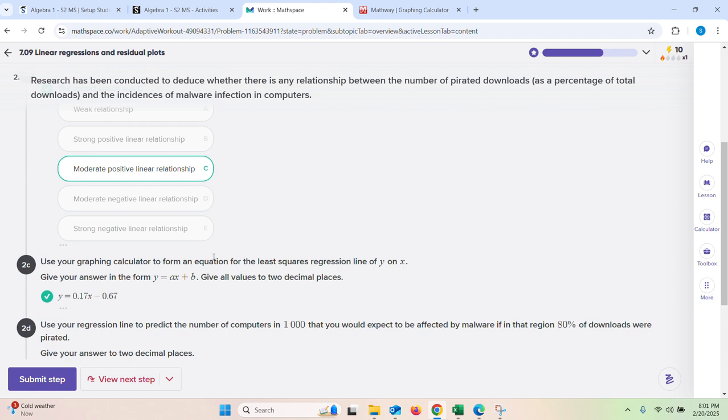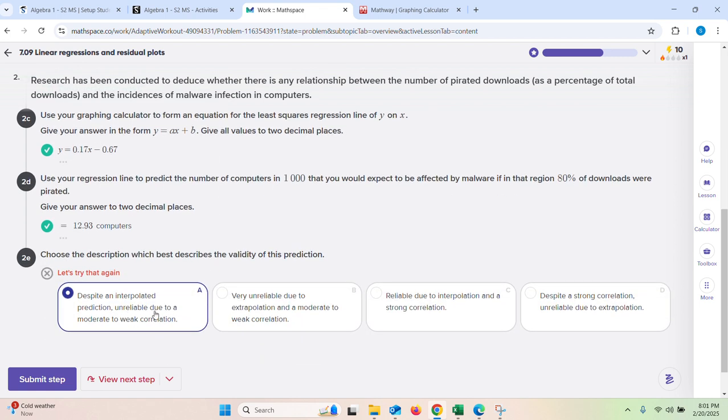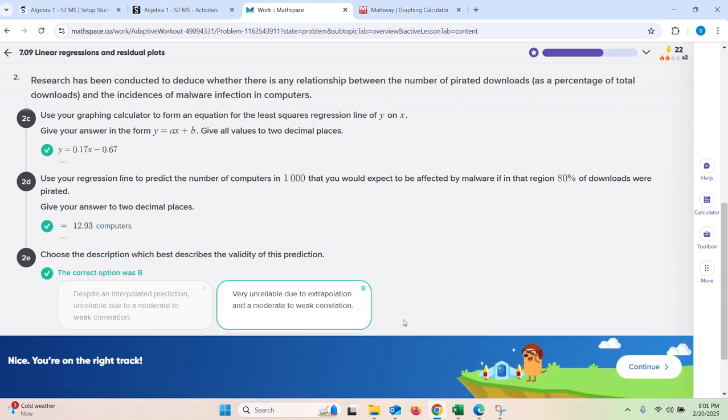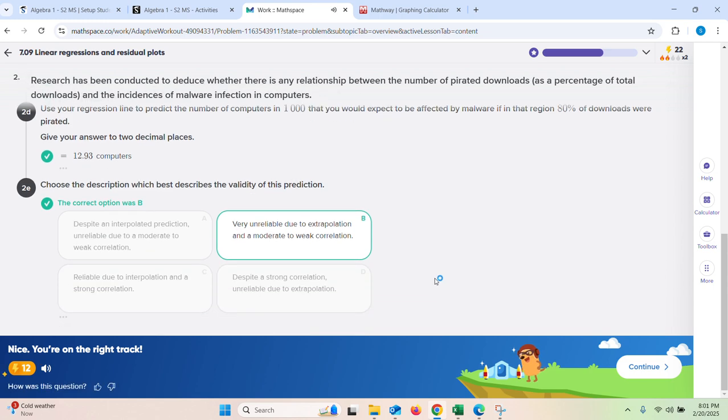So it said it was due to a moderate or weak correlation. Unreliable due to moderate. Very unreliable due to extrapolation. Well, I'm just going to start guessing now. All right, so I disagree with that, but that's what it is. So I must have my interpolate.